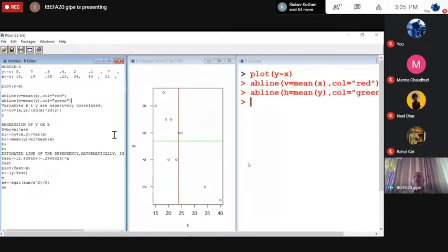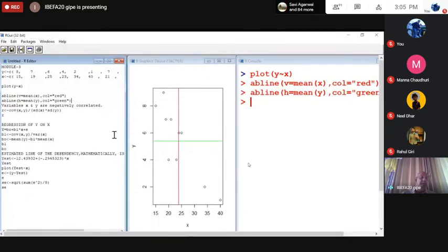Study the clustering of the points. Below or left side of the red line, there are plenty of points. They show a negative correlation because as x increases, the values of y decrease.